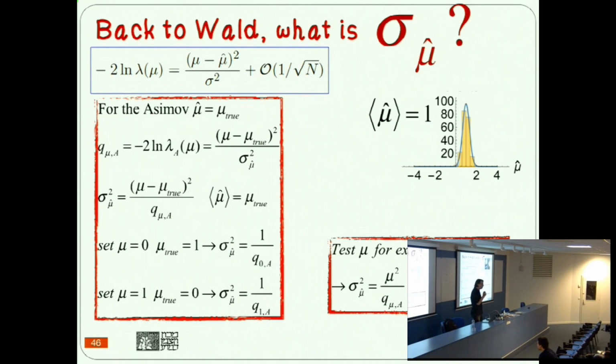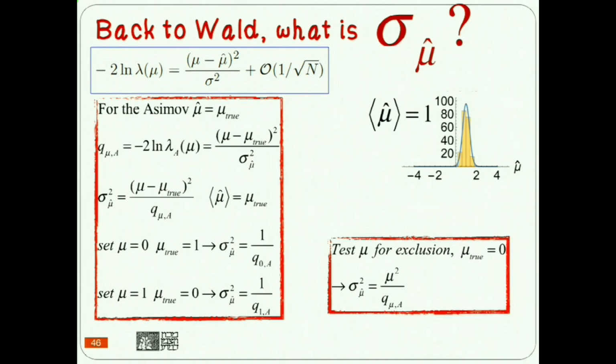And it's intuitive, because think about it. If the signal is very, very small, then S plus B is very close to B, so you cannot separate between S plus B and B, so you expect the sigma to be big. And if the signal is huge, it's very easy to separate them, so sigma will be small. So sigma depends on mu.